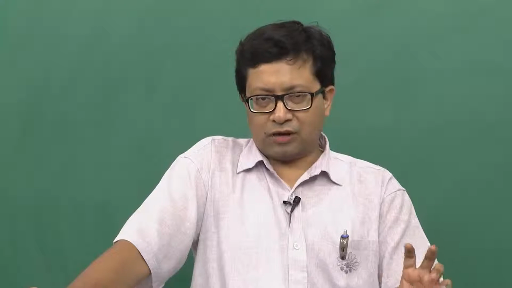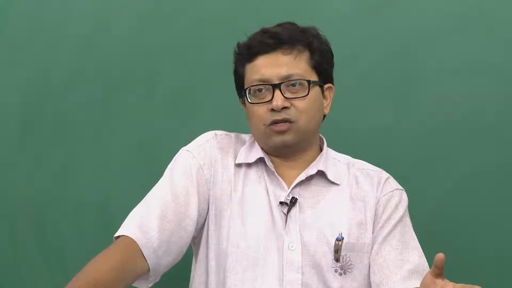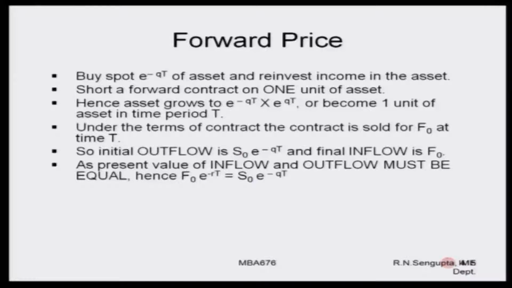If you consider the outflow and the inflow, initially you bought a spot, which was an outflow of money. Then when the time expires you sell that spot, which is an inflow of money, and simultaneously you sell a forward contract also. So, initially there was outflow, at time t there is an inflow, but these are happening in two different rooms, spot in room 1, forward in room 2.